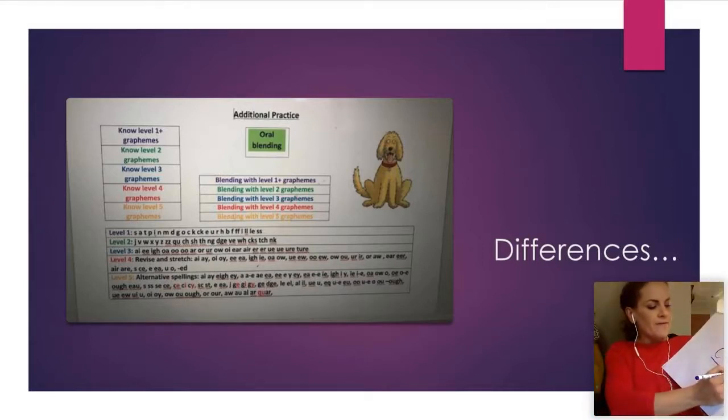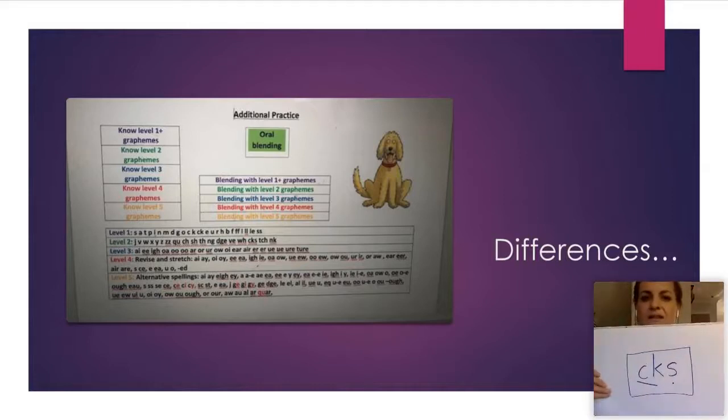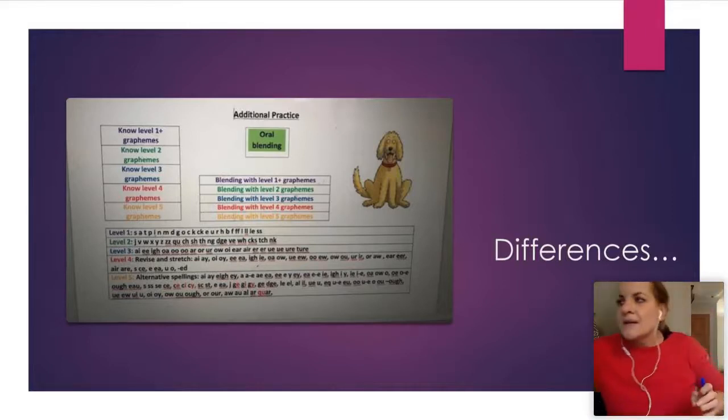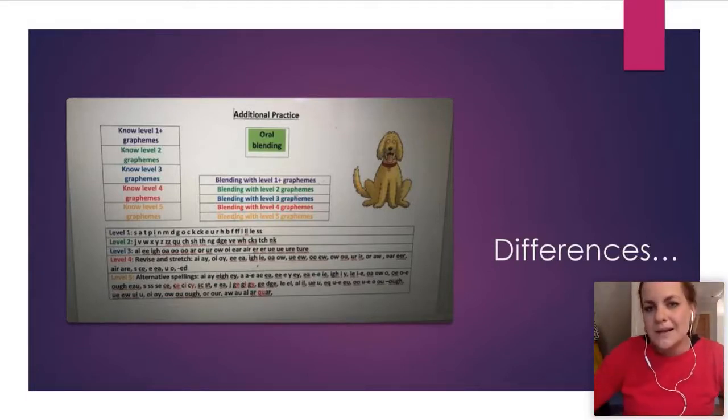But in the Floppy's Phonics system, it's slightly different, and the children are taught to look at that and identify it as the x sound. So again, if we mixed systems, that's going to cause a little bit of confusion, or quite a lot.